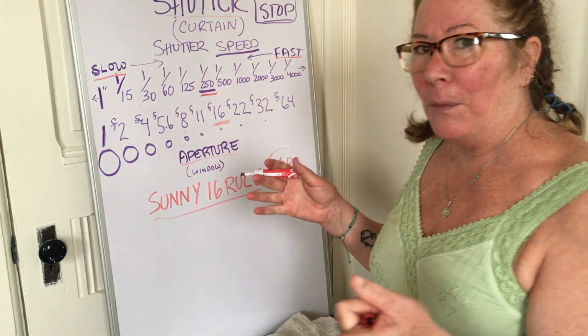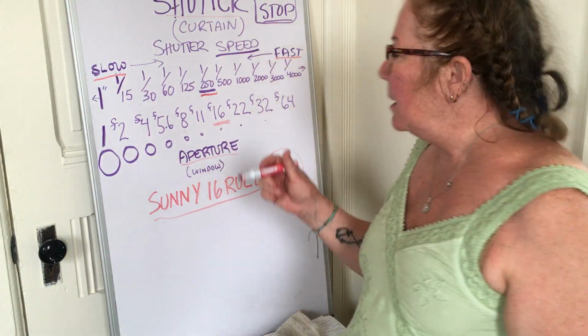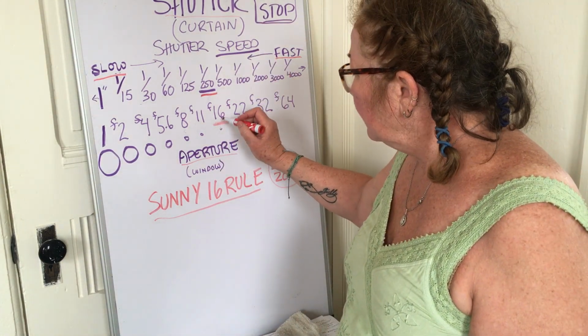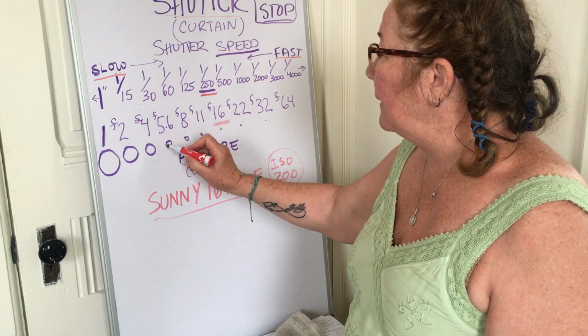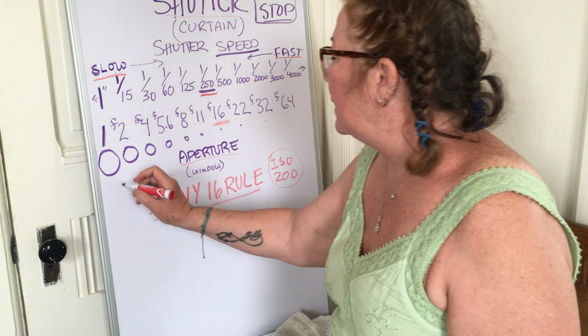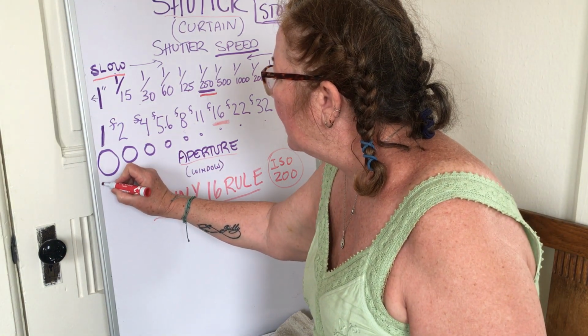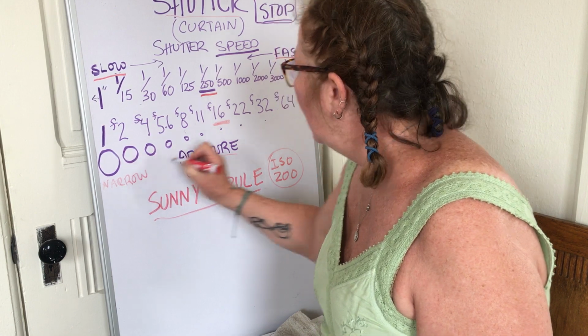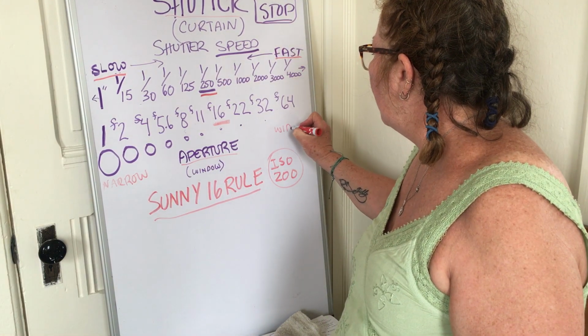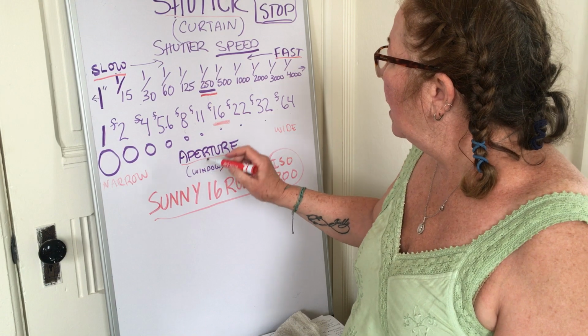They're going to sit still for my portrait, thankfully. So I need to open up my aperture because I want a narrow depth of field, right? In this case, this would be a narrow depth of field, and this would be a very wide depth of field over here, right?